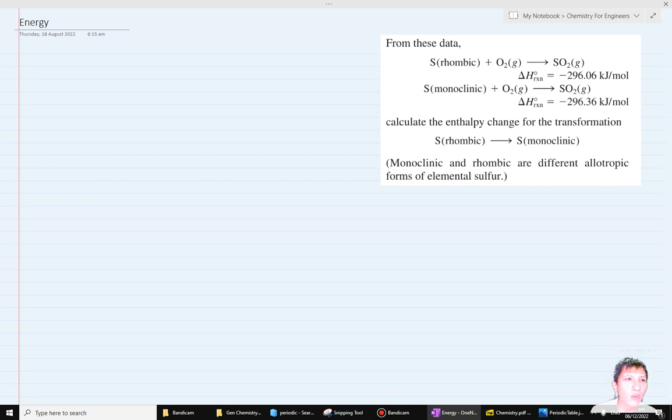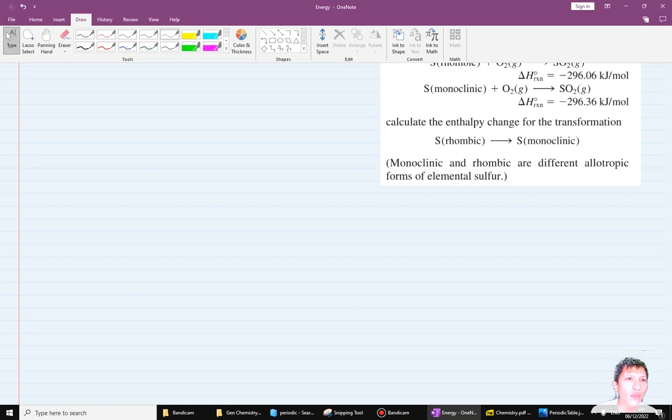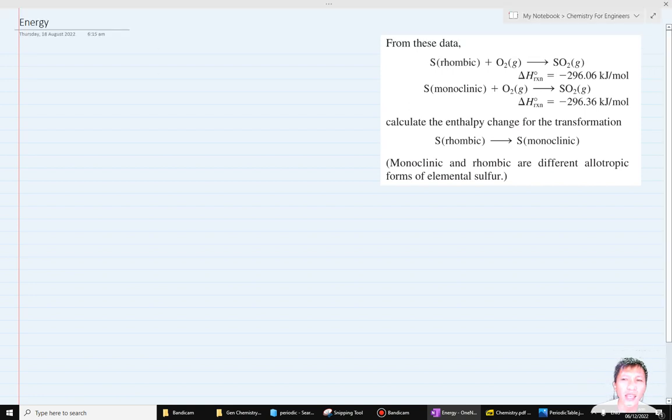So what we need to do is just, may I use a gray ink. Actually, what you need is just to invert the second one, meaning the SO2 would be producing S monoclinic, the sulfur monoclinic, plus your oxygen gas.